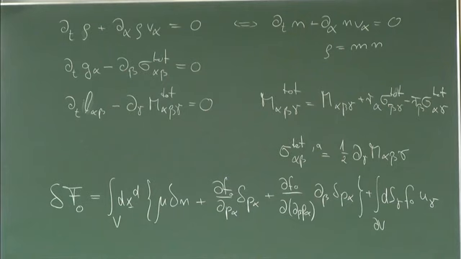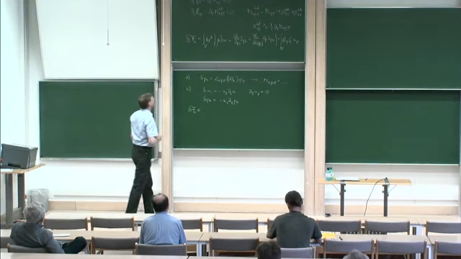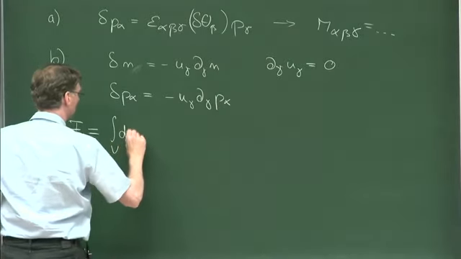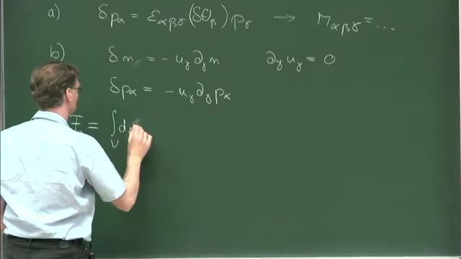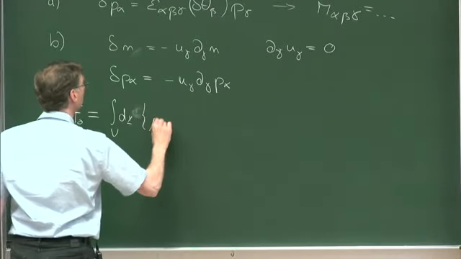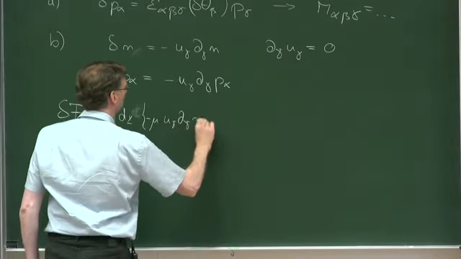Okay, now let's plug everything that we have written down here into the equation. So first we have μ minus u_γ ∂_γ n.